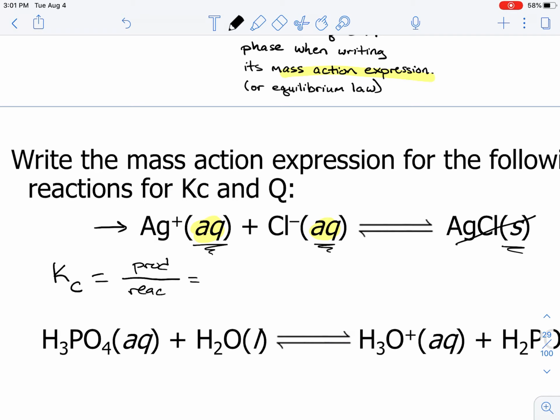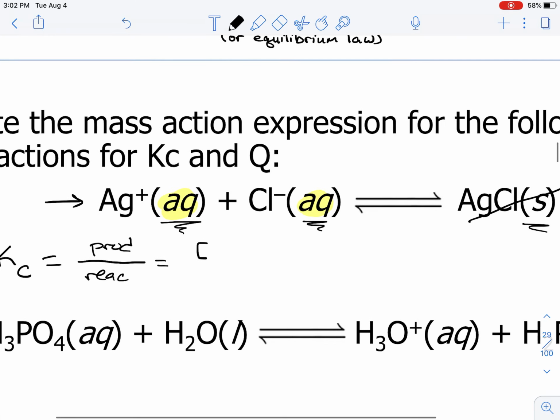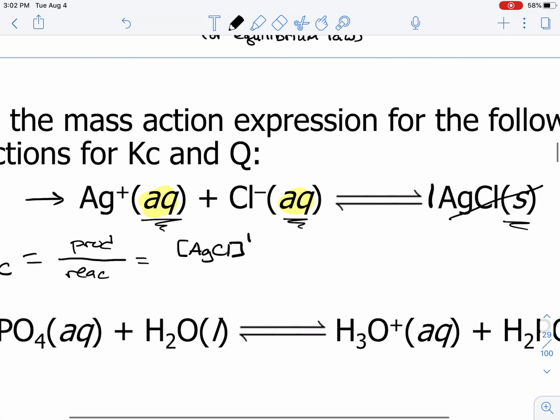And so typically when we write the mass action expression, we're going to write the concentration of AgCl raised to the first power because there's a 1 in front of this chemical formula. And then we're going to divide that by the concentration of Ag plus, and that's going to be multiplied.